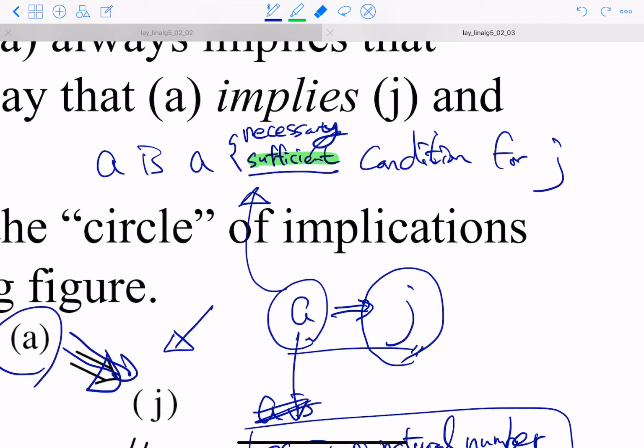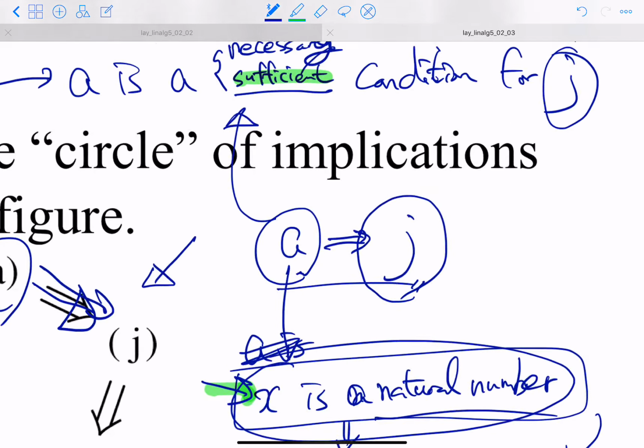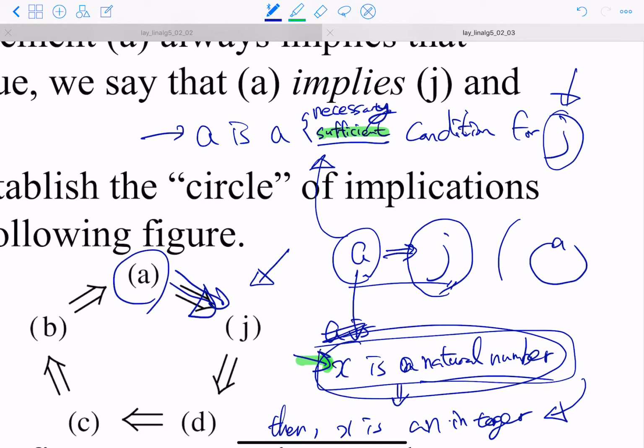Also we think of the truth set. The truth set is 진리집합. So the set of X satisfying the condition A, for example, and J, we can think of the truth set for A and the truth set for J. In this case, the truth set for A is contained in the truth set of J, right?